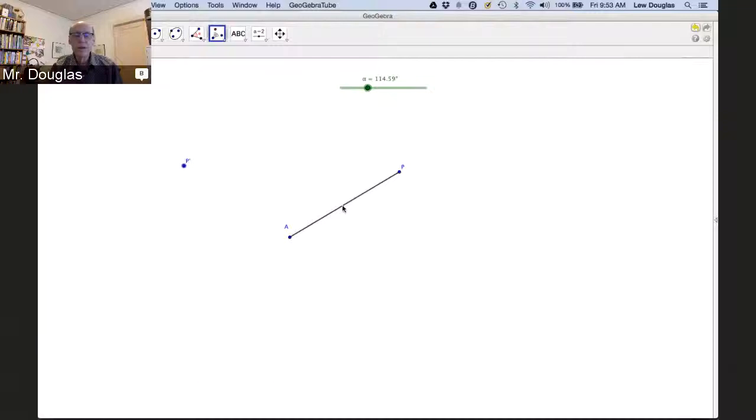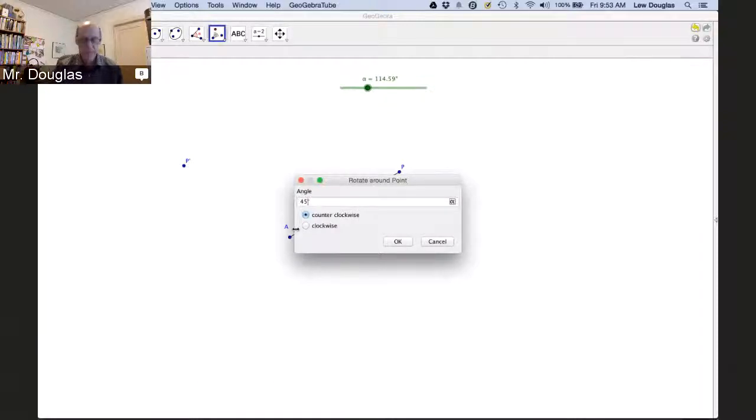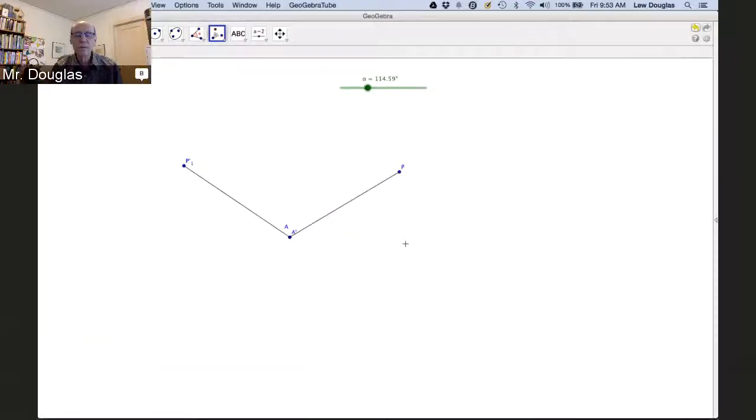And let me do it to the segment too. So segment, point, alpha. This alpha here just gives me the template. I have to pick the angle. Okay. So now this slider, I have to go back here. Good.